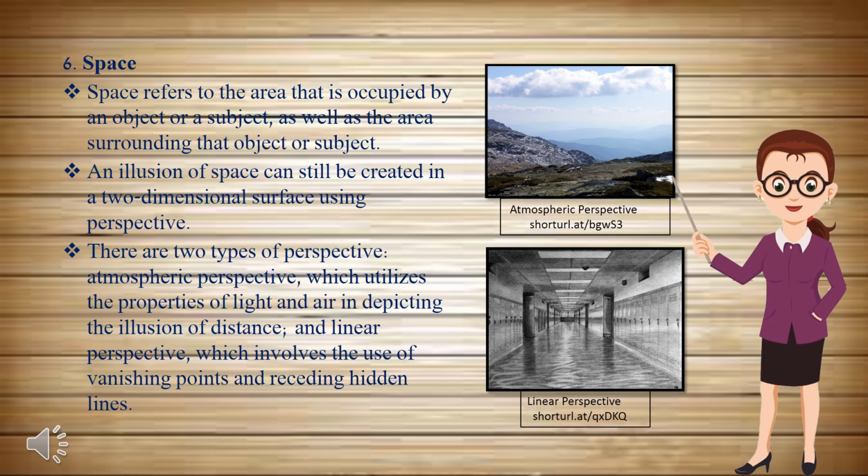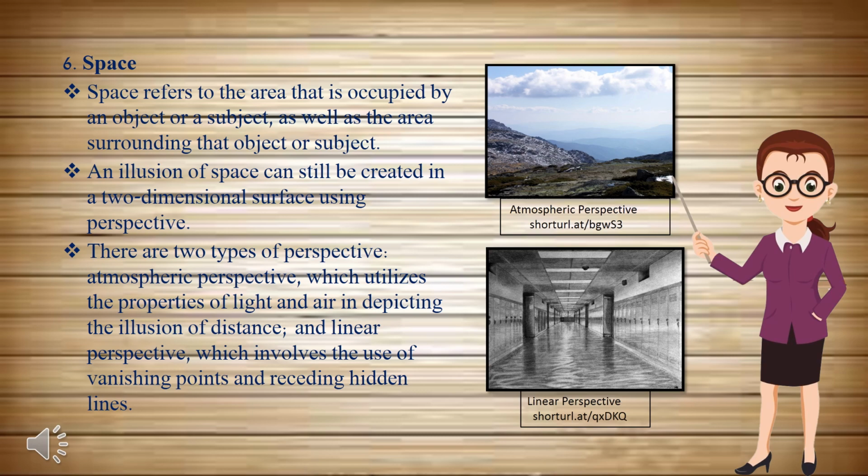Space refers to the area that is occupied by an object or a subject, as well as the area surrounding that object or subject. An illusion of space can still be created in a two-dimensional surface using perspective.